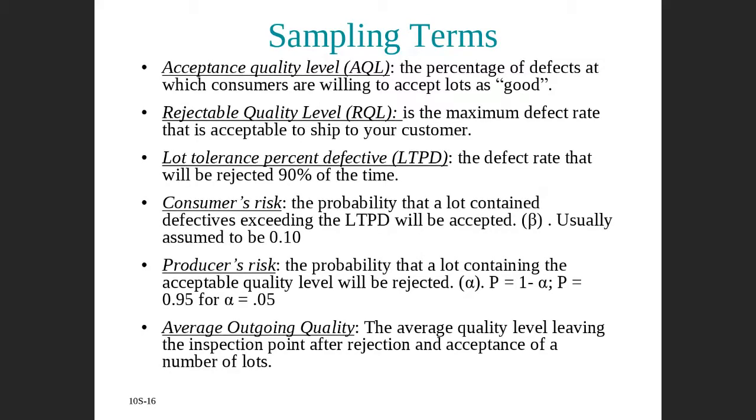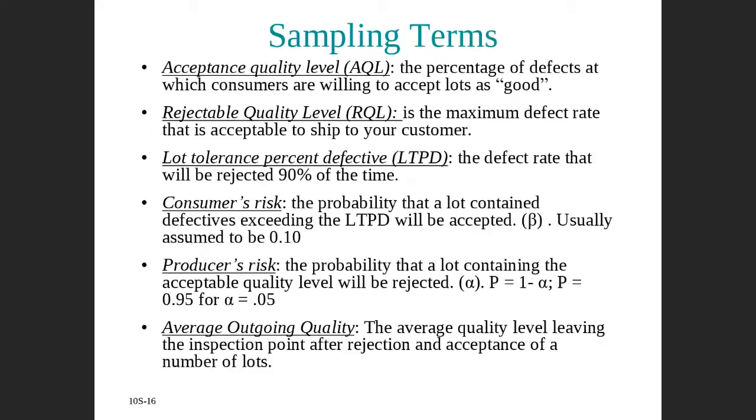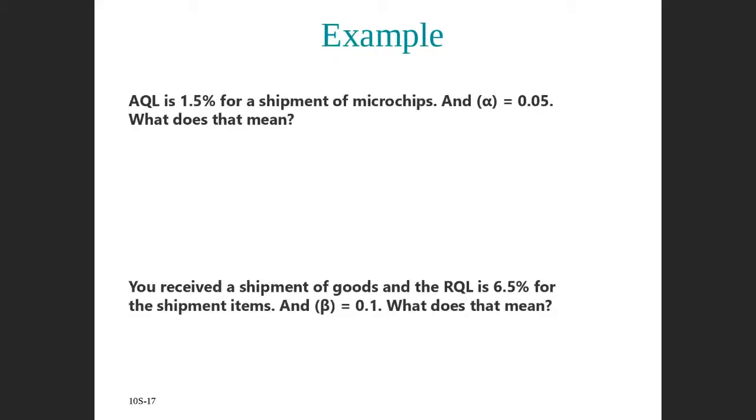So it is the maximum defect rate that is acceptable to be shipped. If you exceed this RQL, that means your shipment will be rejected. He gave you that as a percentage of 6.5 and gave you the beta, which is the consumer risk, as 0.1.